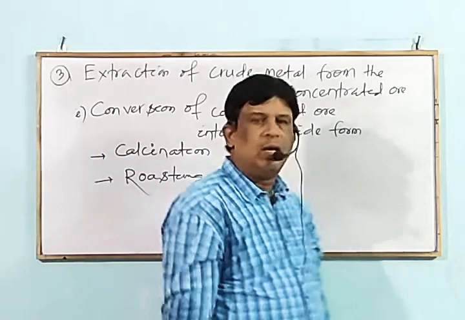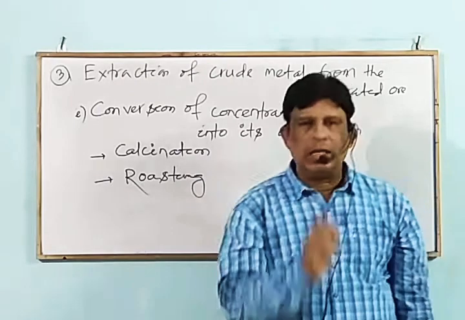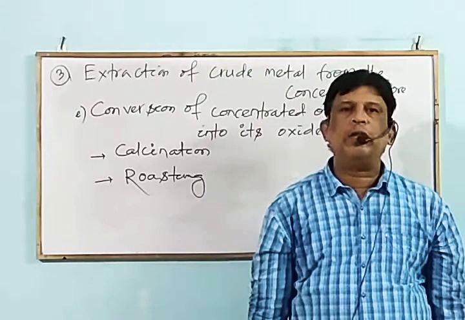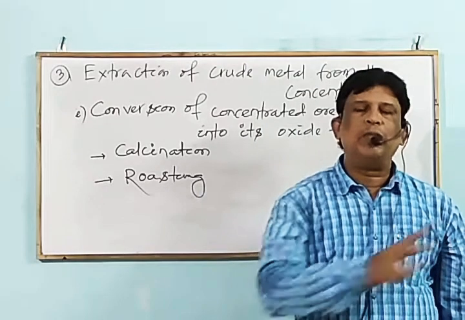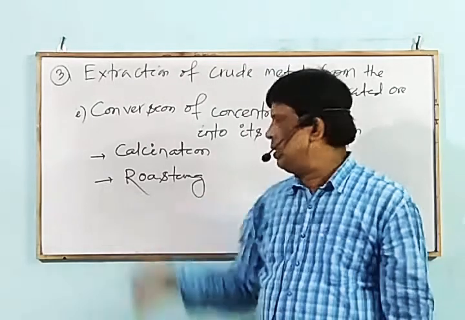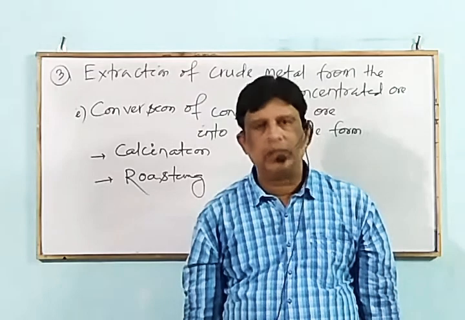Mark that. The process of converting concentrated ore into its oxide form, depending upon the type of impurities, again moves through two sub steps. Either the first one is calcination or the second one is roasting.